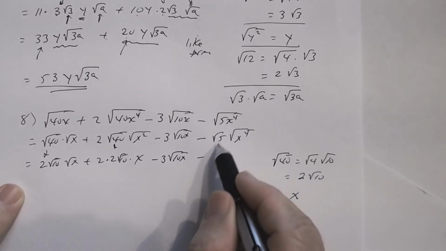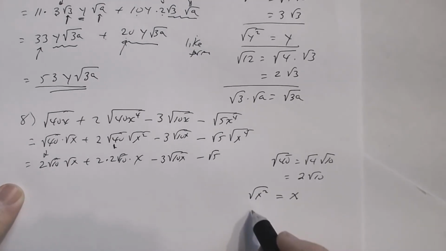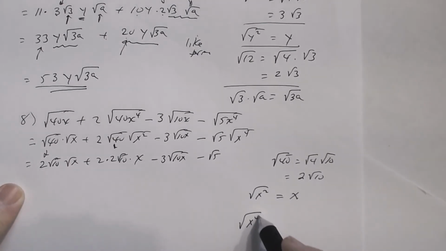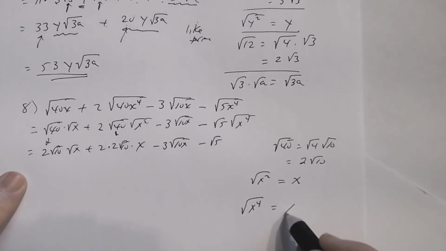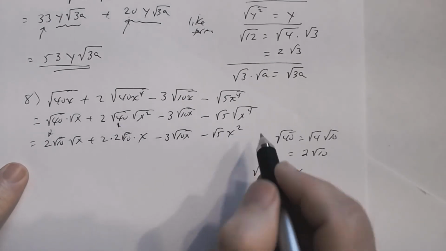And then here, I cannot simplify the square root of 5, so I'm going to rewrite the square root of 5. But I know that the square root of x to the fourth, since 4 is even, that's the easy kind. 4 divided by 2 is 2, so that means that this will be x squared. And it's true because x squared times x squared is x to the fourth, which is the radicand. So it'll be x squared right here.